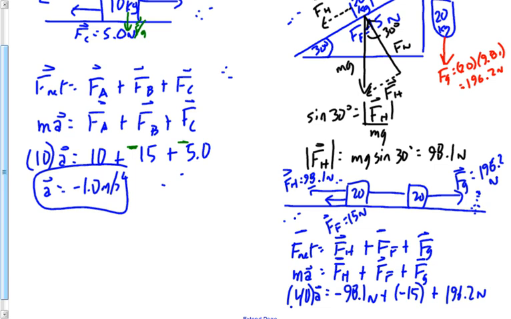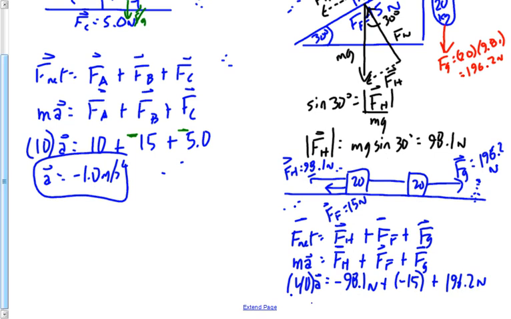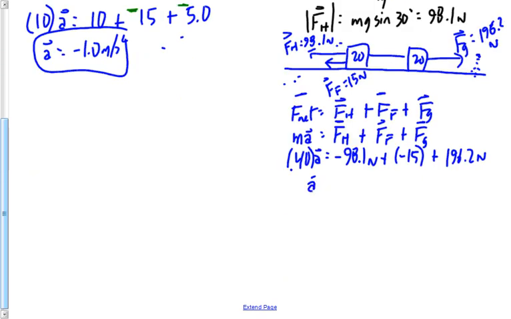Solve for a. What would it be? 2.0775. How's that one?